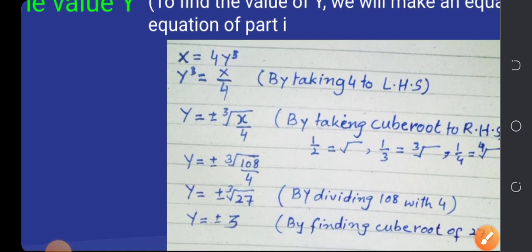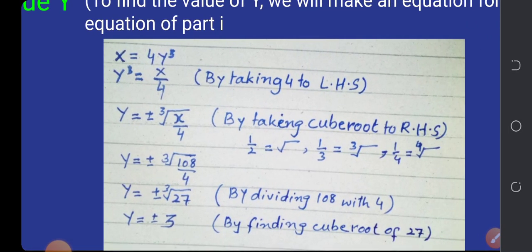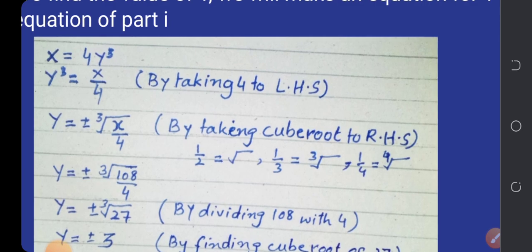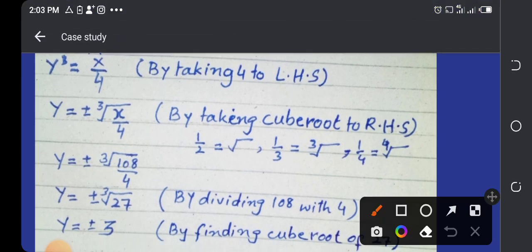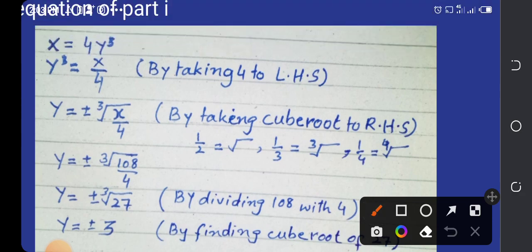So here is the answer. You can see the equation which we found in question number 1, part 1, was x is equal to 4y cubed. The same equation we will use here, but here we have to find the value of y.